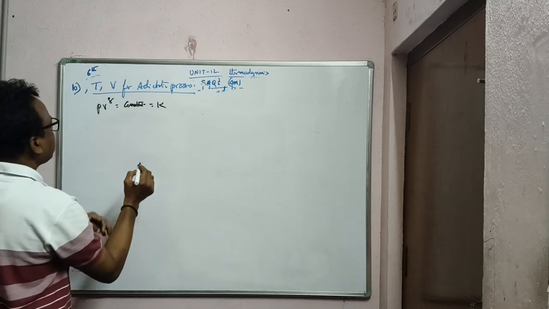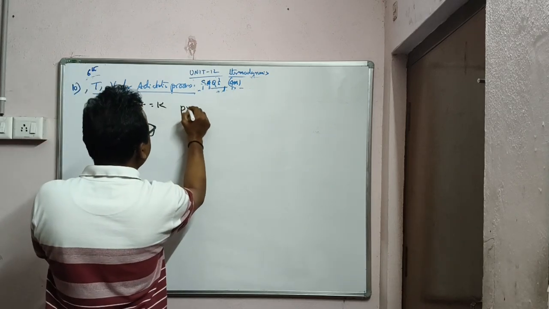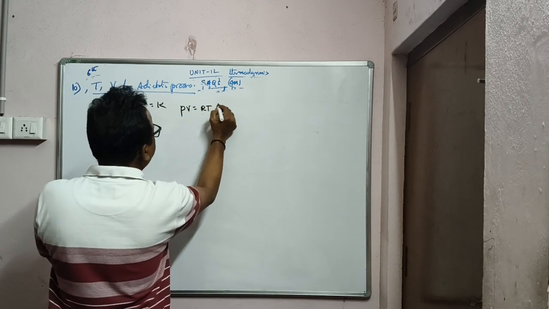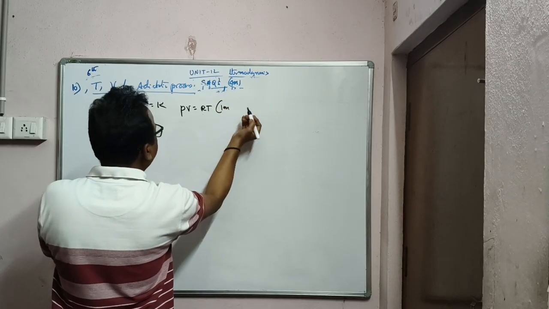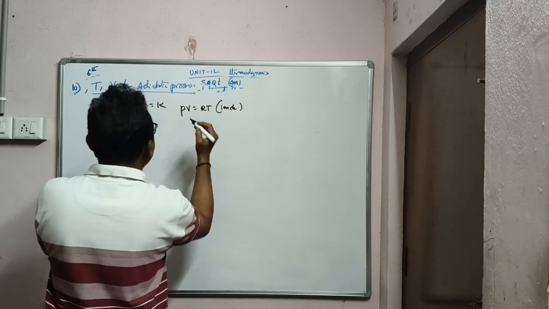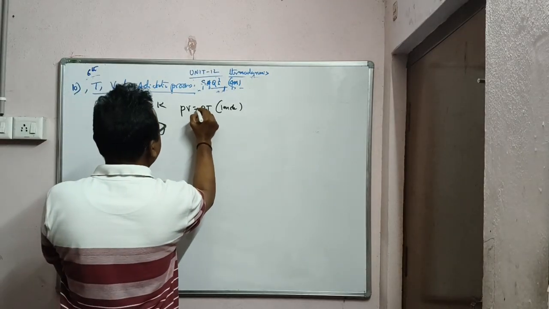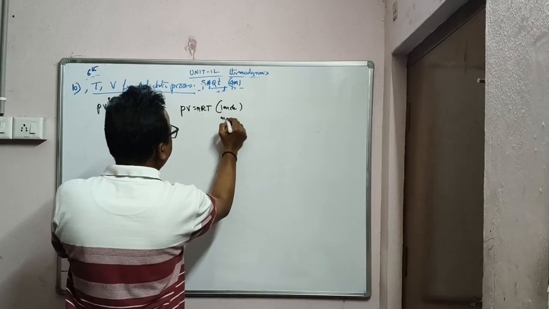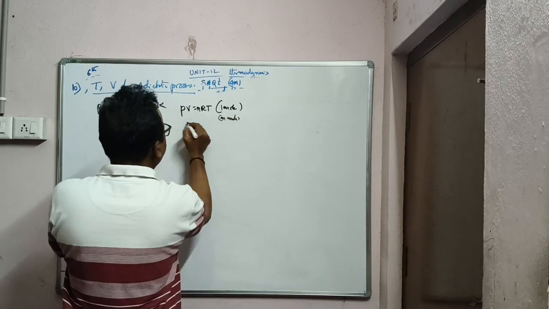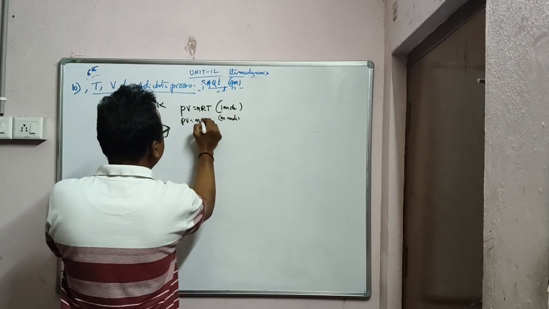Now to get this relation, we have to go back to the story. PV is equal to RT for 1 mole, or for n moles it becomes nRT. Okay, take it if you like. Here, n moles. For n moles, PV is equal to nRT.